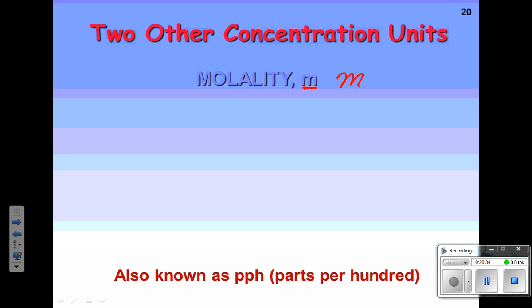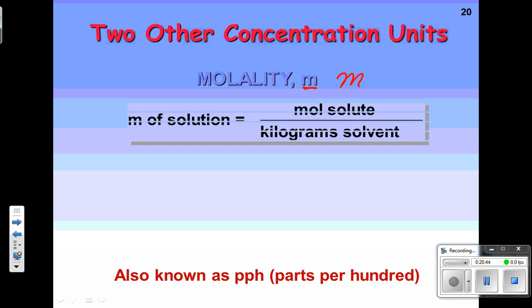And it's a lowercase. Now, molality is moles per kilogram. So moles of solute per kilograms of solvent. Okay? Moles of solute, so the things you're going to dissolve, divided by kilograms of solvent, not solution. Solvent's what you're dissolving. What's doing the dissolving?